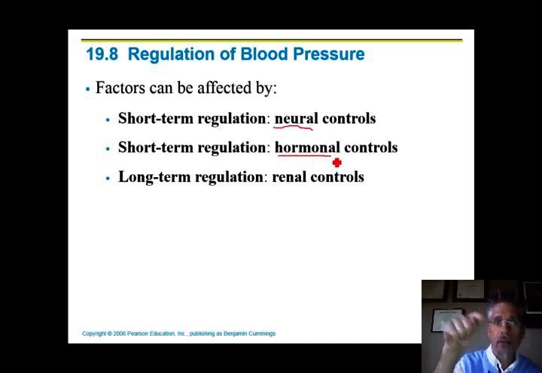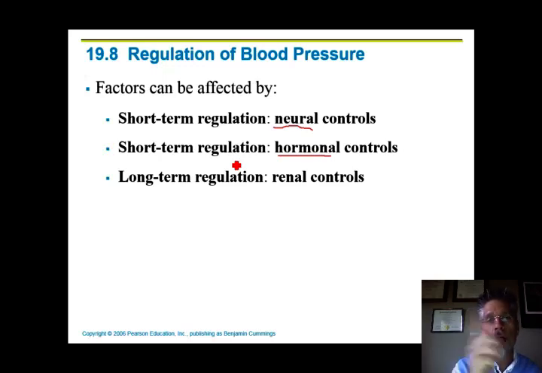Direct wiring that goes down and goes bzz, bzz, constrict, or bzz, bzz, increase your contraction if we're talking about the heart, right? Hormonal controls, hormones that go into circulation, can have effects that are usually longer term in increasing or decreasing. And that's a relative term, right? So neural, it's going to be split second, just like we see with, for instance, skeletal muscle.